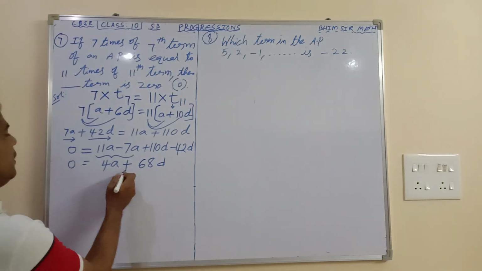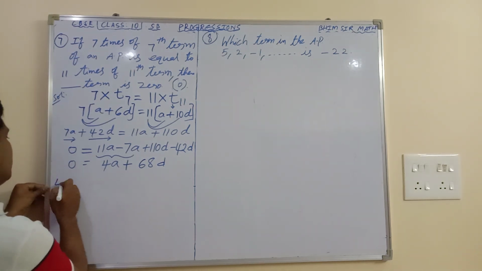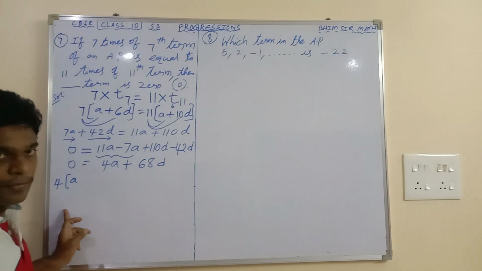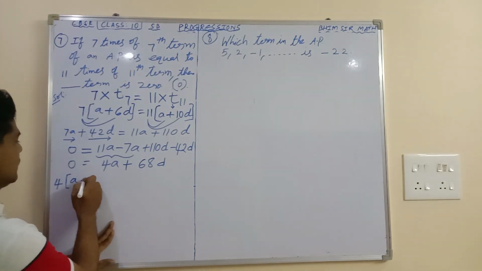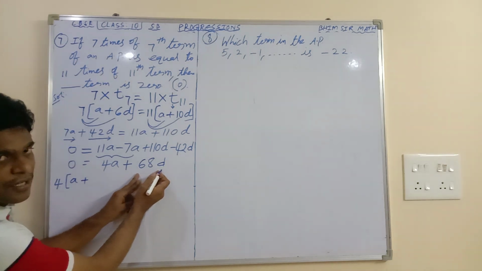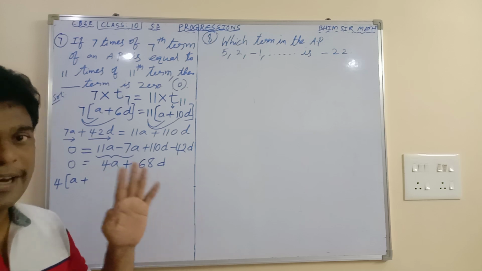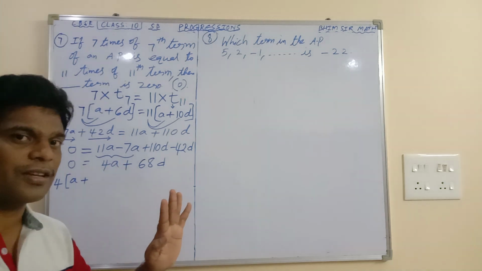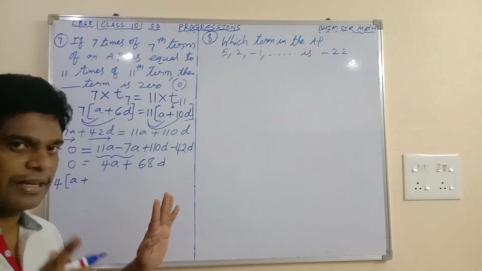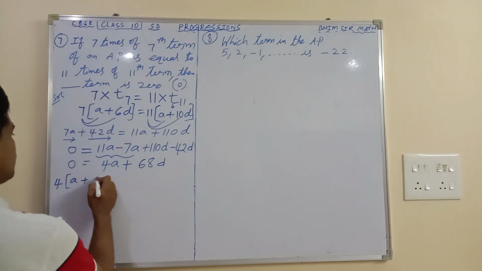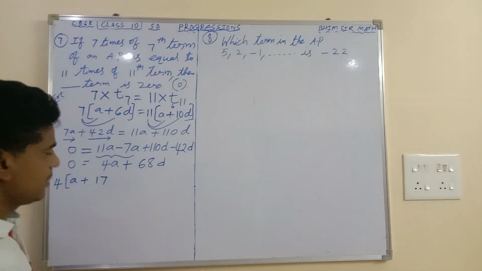Now, taking 4 as common, 4A plus, from 68, if you take 4 as common, what should 4 be multiplied by to get 68? Yes, you are correct. 4 ones are 4, 17 fours are 68.